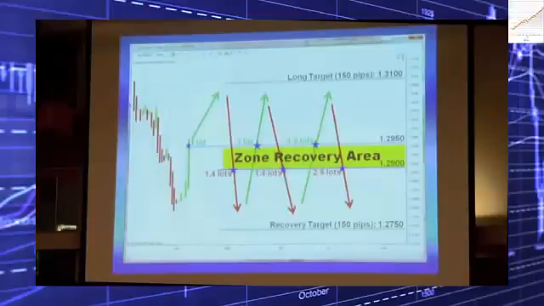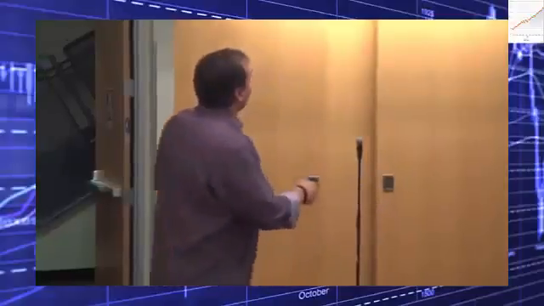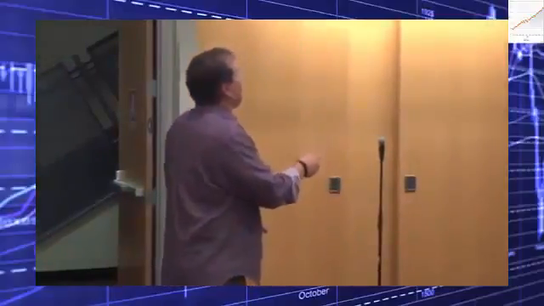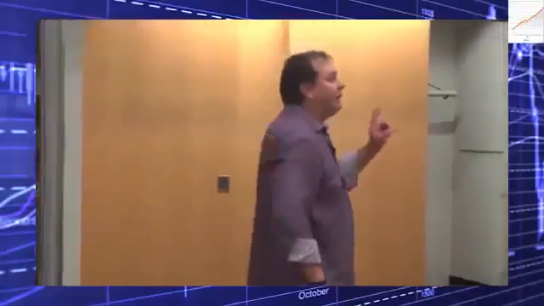So basically, it doesn't matter which direction the market is going, and it doesn't matter which direction your original trade is. Sooner or later, it will hit a price above or below your entry. And when it does, you will clear the profit from the entire trading sequence. That way, you never have to take a loss.